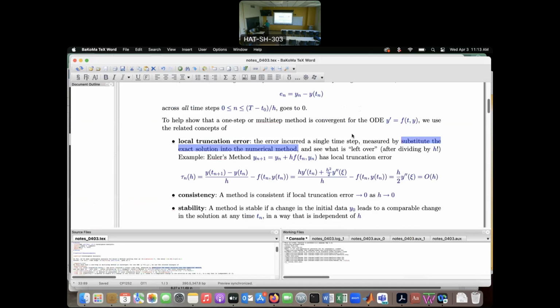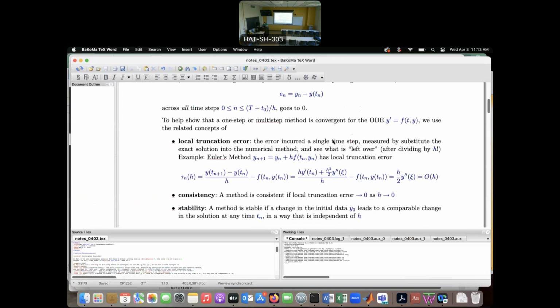The exact solution satisfies the ODE exactly. But because the numerical method is based on an approximation of the ODE, when you substitute the exact solution into it, it's not going to satisfy it exactly. There's going to be something left over. And whatever we get that's left over, after dividing by h, that's really a convention thing, but it's definitely the best way to go.